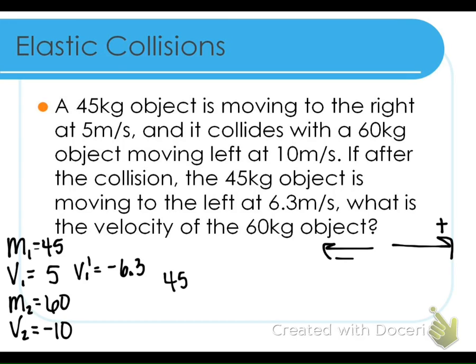We'll take 45 times 5. Okay, that's M1 times V1 plus 60 times negative 10. Okay, which is M2 times V2.